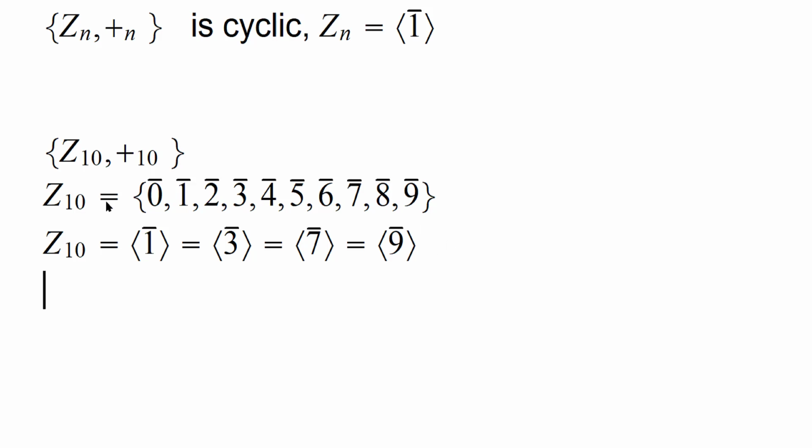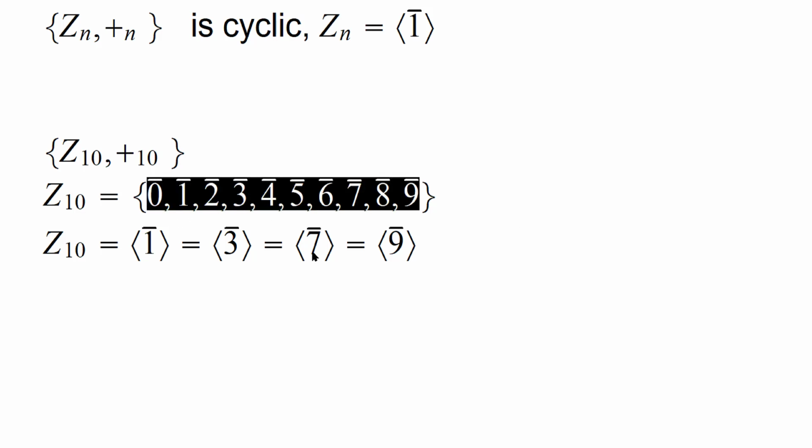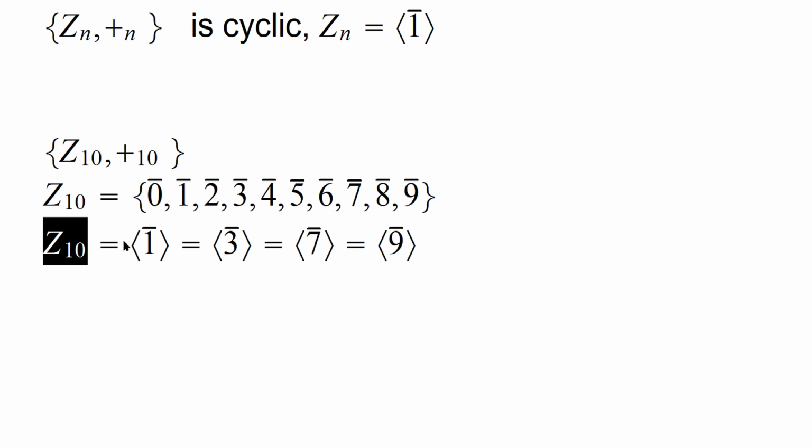So Z10 is cyclic with respect to addition, and there are 4 generators of this group with respect to addition. And actually, you may notice that if any of these elements generates or describes the entire group, then that element and 10 have 1 as the greatest common divisor.